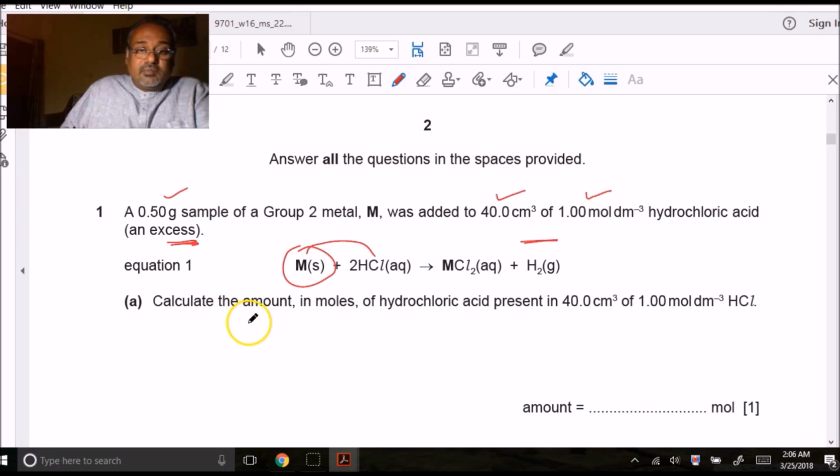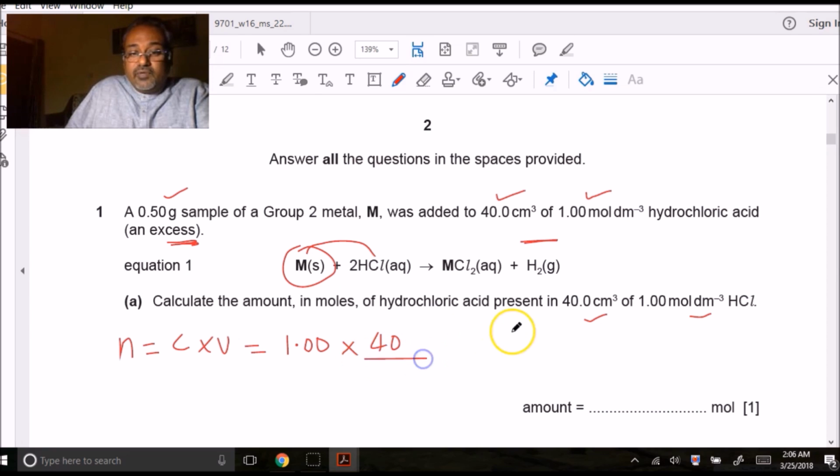The first question asks us to find the moles of the acid given. You have the volume and the concentration, so I'm sure you remember the formula n equals C times V. The concentration is 1.00, and the volume is given as 40 cm cube. Don't forget, we can't use that in our expression.